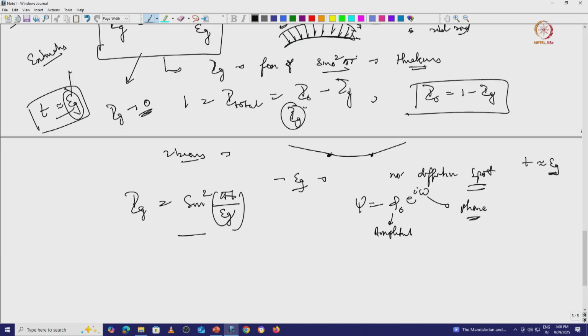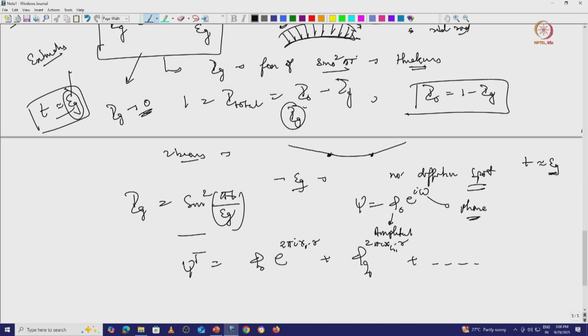Based on this equation, your total wave function can be written as phi 0, which is for the incident beam, e raised to the power 2 pi i k0 dot r plus phi g1 e raised to the power 2 pi i kg1 dot r. This is for the spot g1.